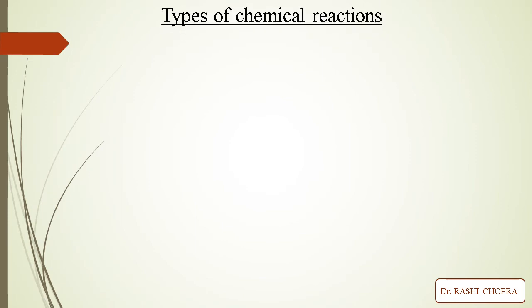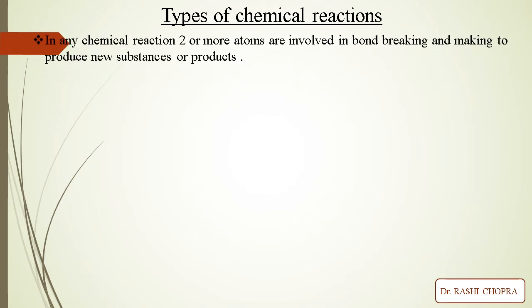Now let's come to another very important part, which is related to your CBSE examinations, Olympiad examinations, and also your practical examinations: to differentiate between the types of chemical reactions, or what are the different types of chemical reactions. And there are 5 types of chemical reactions.